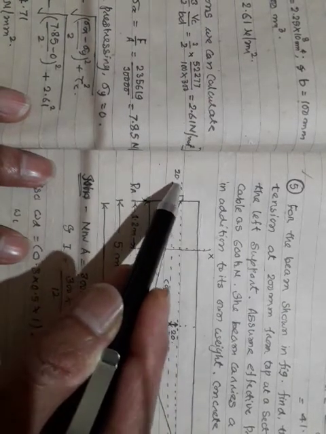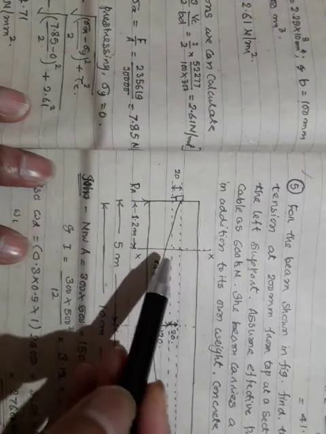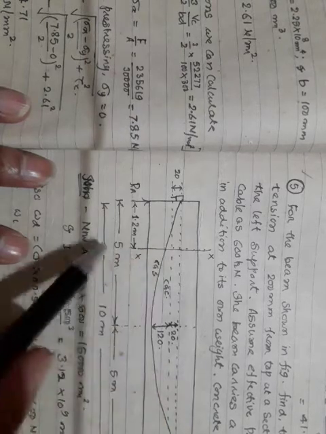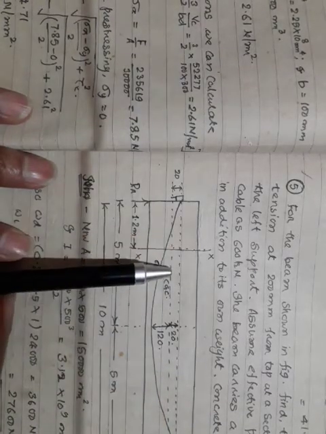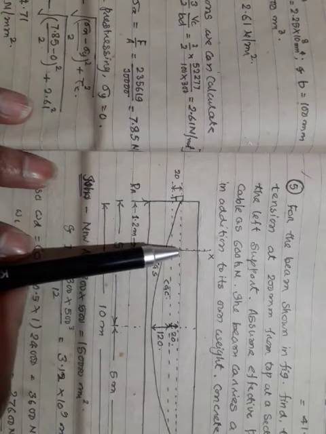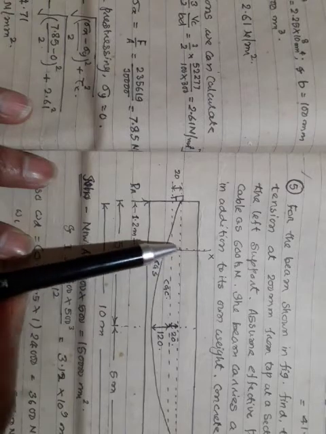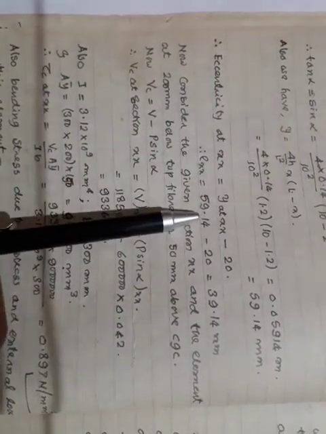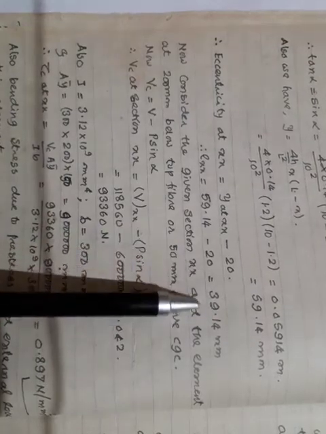So at section XX, how much is the eccentricity? Eccentricity can be easily calculated. Eccentricity is from CGC to CGS, so it is 59.14 minus 20 mm. Eccentricity at x-axis works out to be 39.14 mm.